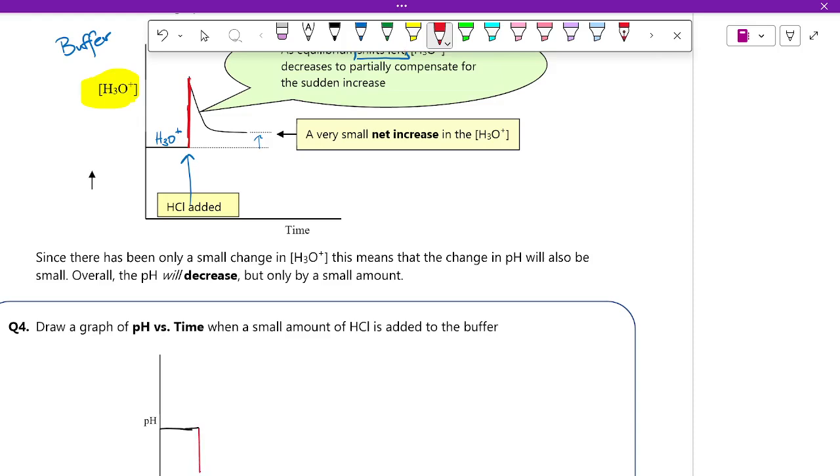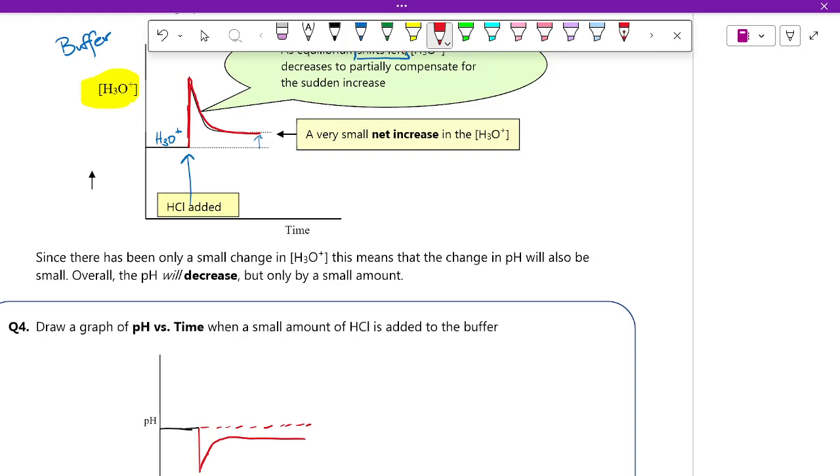And then hydrogen goes down, so pH must go up. Where does it end up? A little bit higher or lower? A little bit lower than it was before.